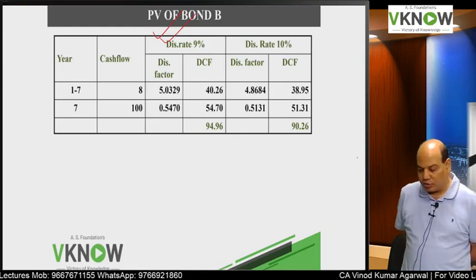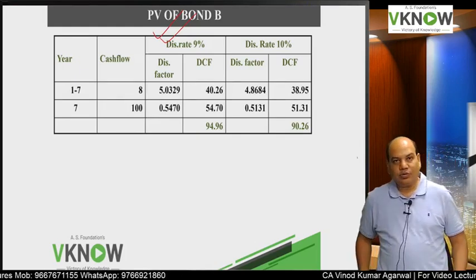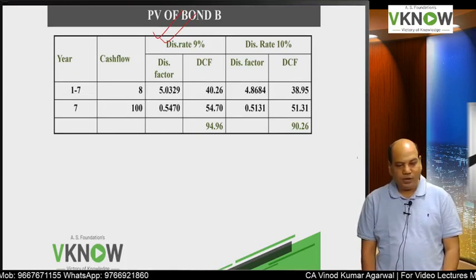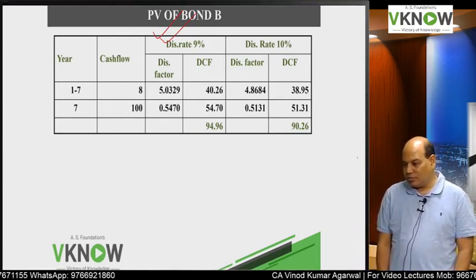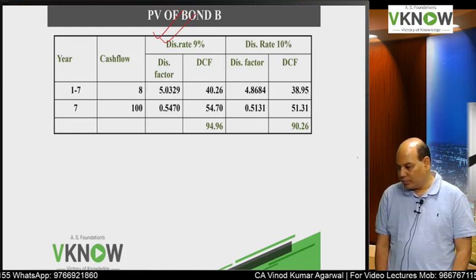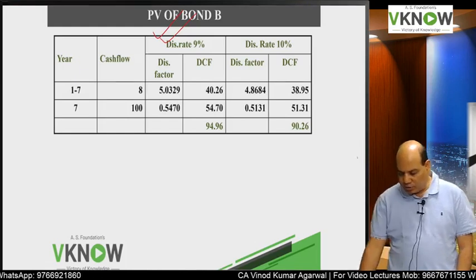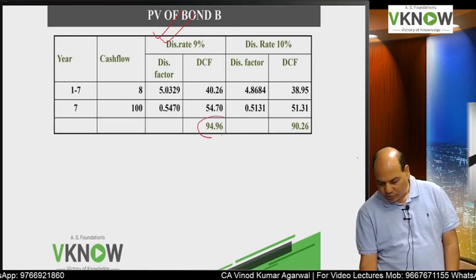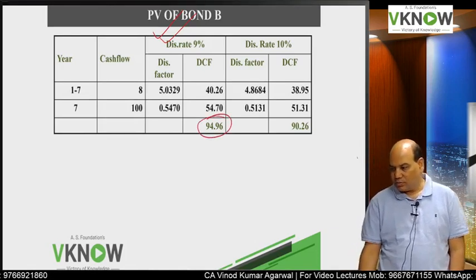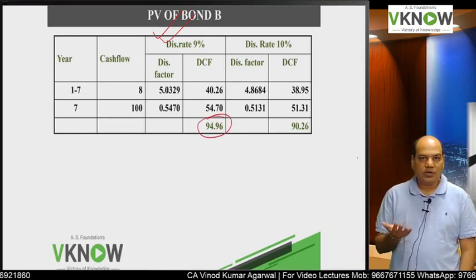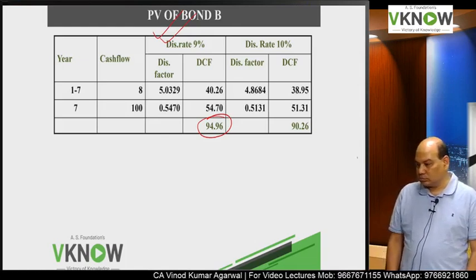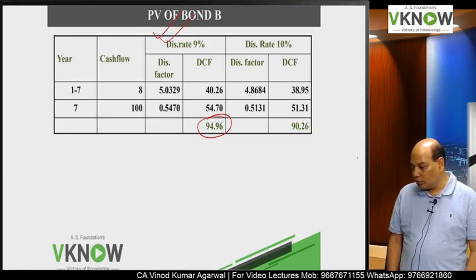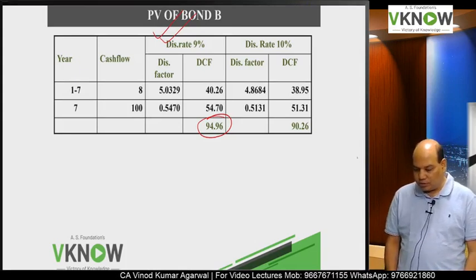Check the factor yourself. On your calculator, check the factors. If you think it is right, then write down and solve. Anybody who has done the calculation at 9%, please tell me, is it right? 94.96, is it right? Yes, 94.96.